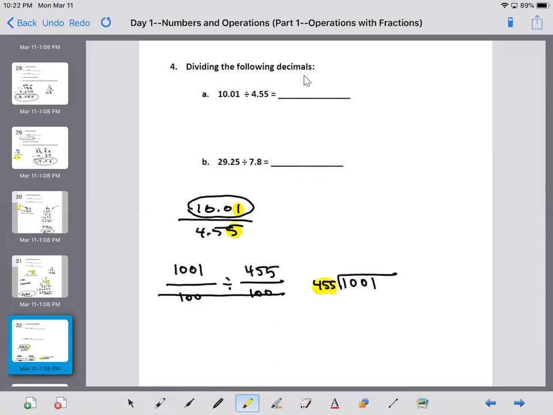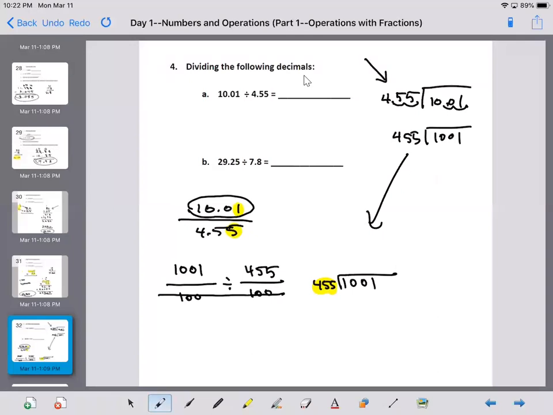That is what you want your students to do when they're dividing decimals: make sure, to get started, that the divisor is a whole number. So if I move the decimal to the right 2, that would be the same as multiplying by 100. This would need to be multiplied by 100 too, and notice where you end up with the decimal. So you actually end up with 1001 divided by 455, which is exactly what you get down here.